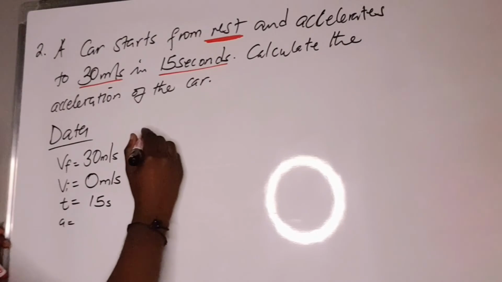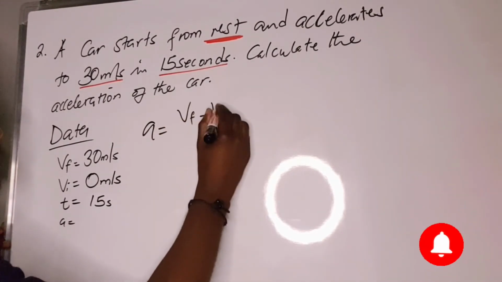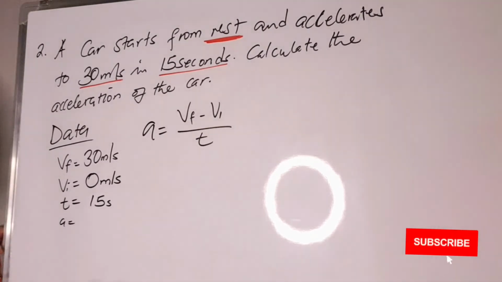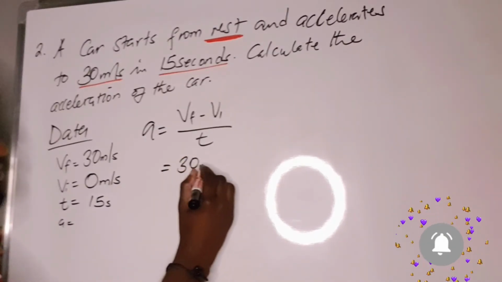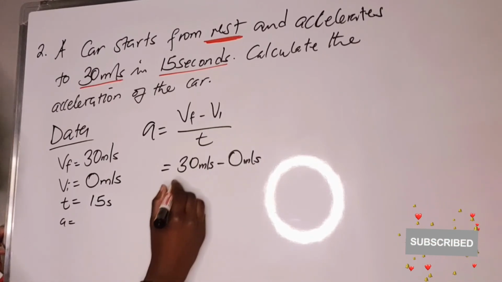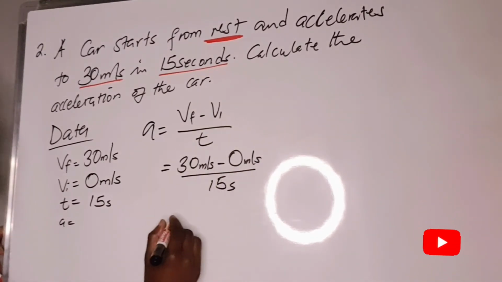So say acceleration is equal to final velocity minus the initial velocity divided by the time taken, which is equal to 30 meters per second minus 0 meters per second divided by 15 seconds.